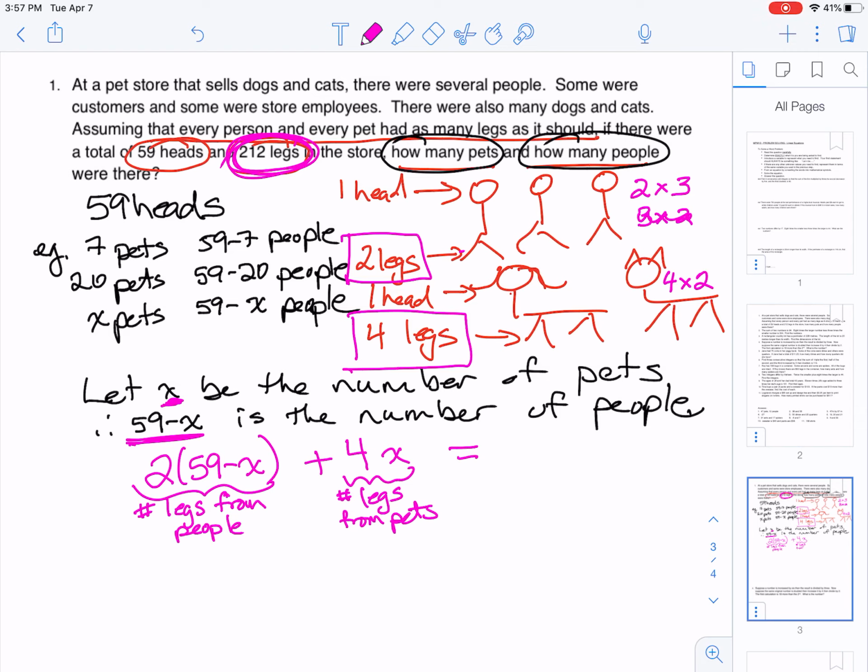Those two things added together, when we take the total of the legs from the people and the total of the legs from the pets and add them together, we should add up to 212 legs. Okay, so now we have an equation.